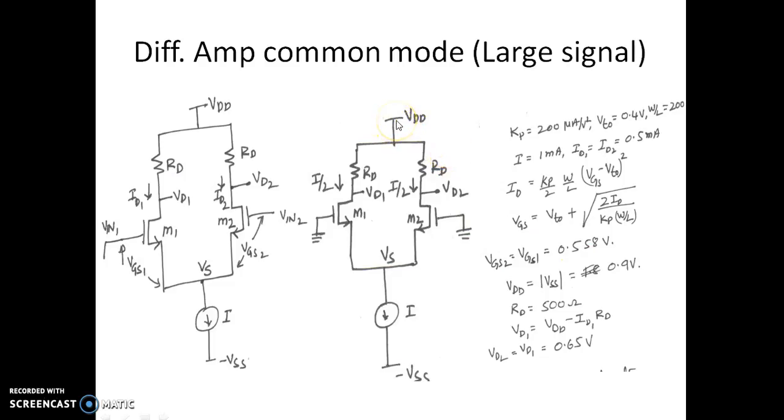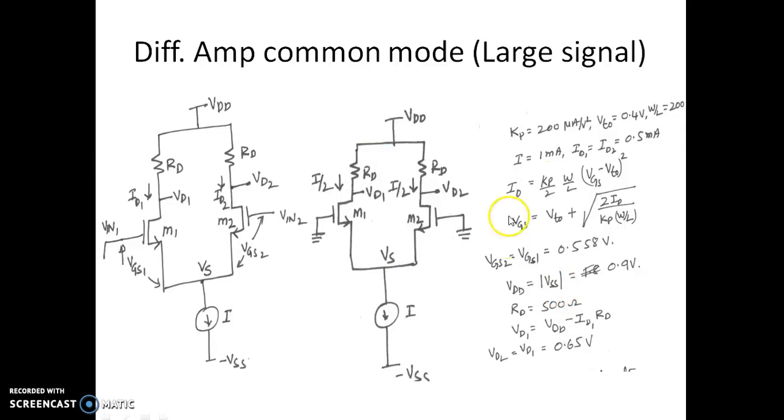With VDD as 0.9 and minus VSS also 0.9, with the value of RD as 500 ohms, the VD1, the voltage at the drain of M1, will be given by VDD minus the drop across this resistor, which is VDD minus ID1 times RD, which comes out to be 650 millivolts.